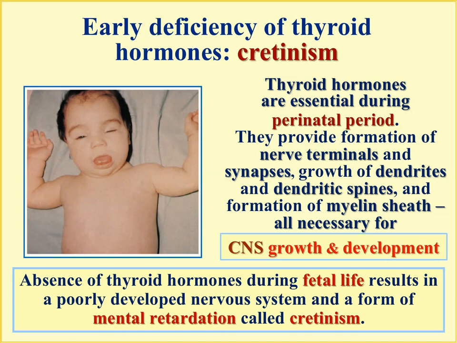Also, what should be mentioned, that bones also require hormones for their growth, and if a person with cretinism manages to live to adult age, they remain very short. They become like dwarfs, but dwarfs do not have any problems with their brain development, if you remember about the growth hormone deficiency.